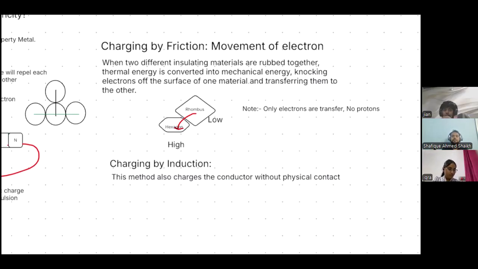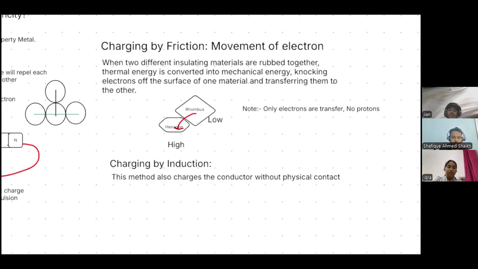Suppose you bring a charged rod close to an insulated metal sphere. If the rod is negative, then the sphere gives free electrons, because we are talking about a metal sphere over here. For the visual representation, we will draw one figure.